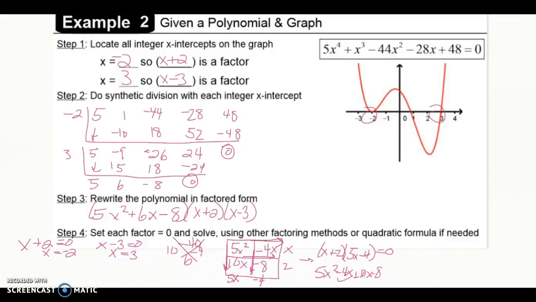This actually bounces off. So we set 5x minus 4 equal to 0. Add 4 to both sides. 5x equals 4. Divide by 5. We're solving for x, guys. Divide by 5 on both sides. X equals 4/5, which again is right below 1. So that looks like it makes sense as well.